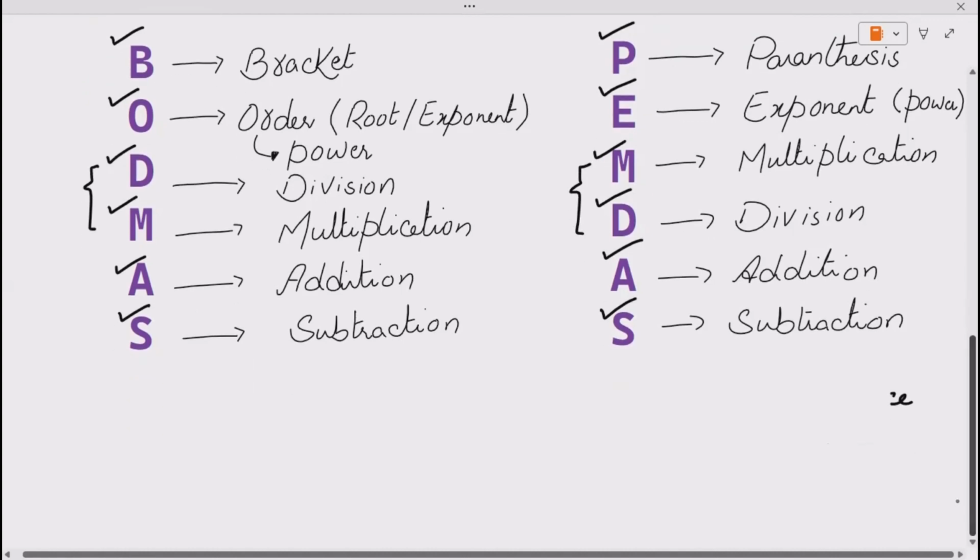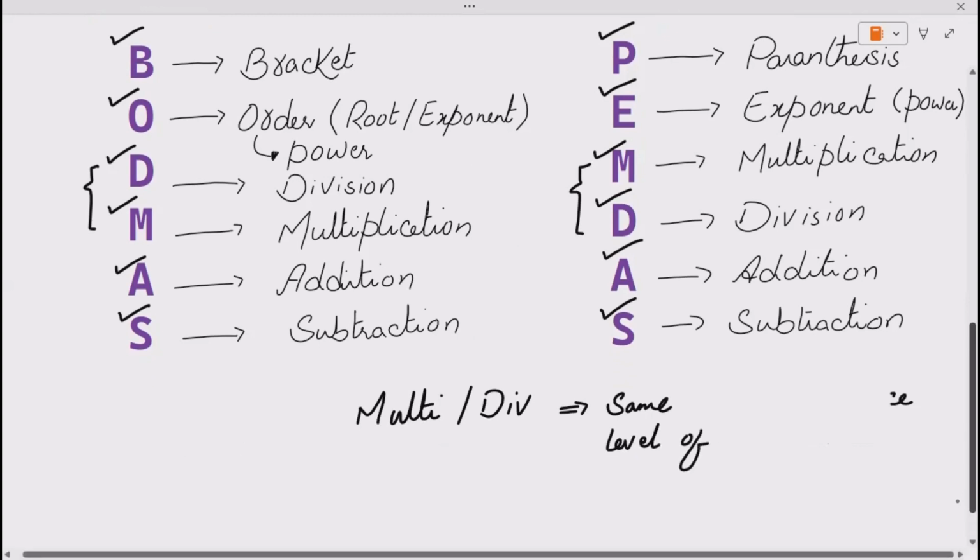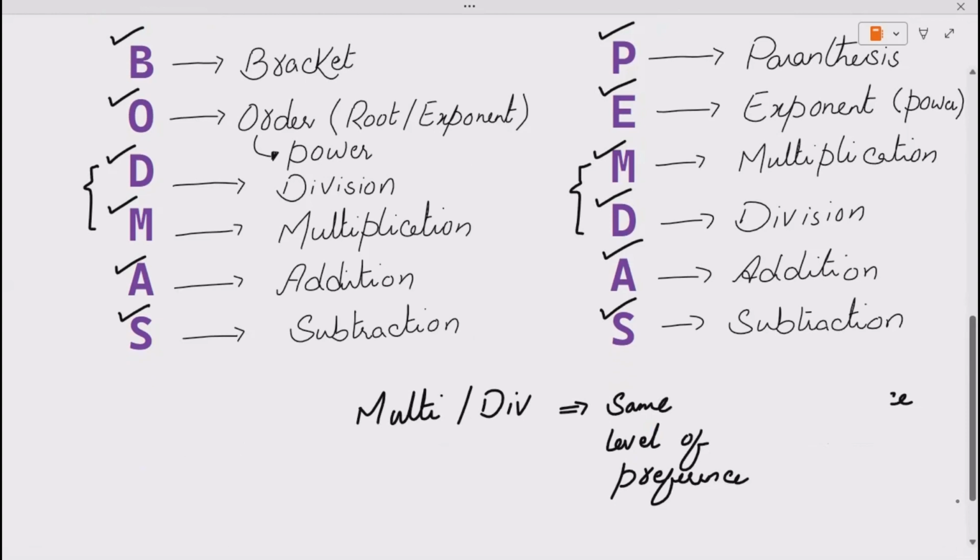Actually, multiplication and division have the same level of preference. What does same level of preference mean? It means you can solve whichever you want first. If there is a tie between multiplication and division, it's up to you.